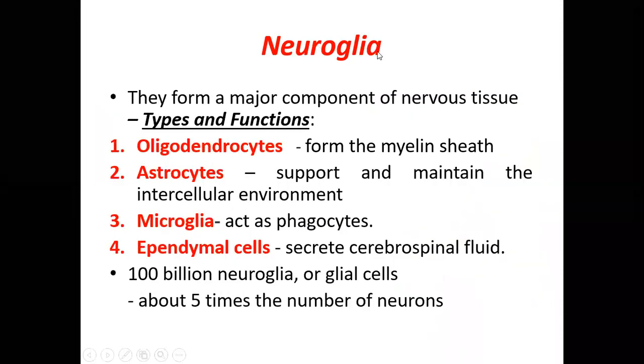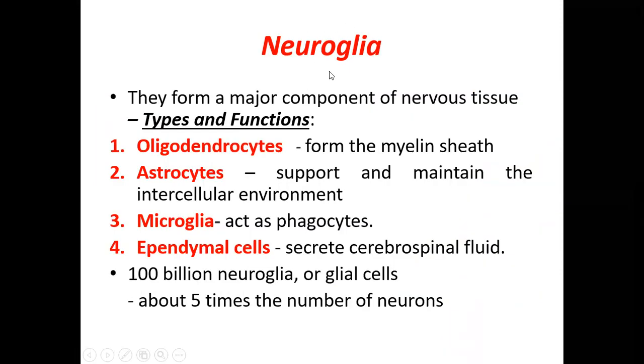Now coming to the neuroglial cells, these are the supporting cells as we saw. They form a major component of nervous tissue. They are the supporting cells. There are different types of neuroglial cells, with functions depending on their type.